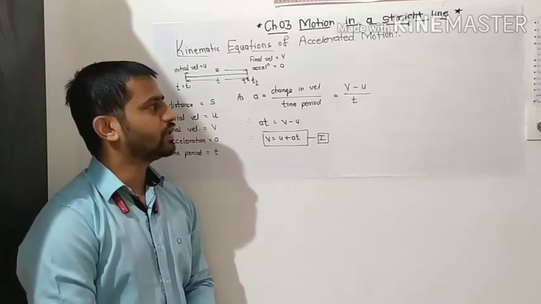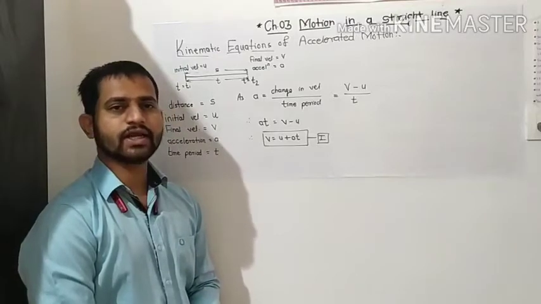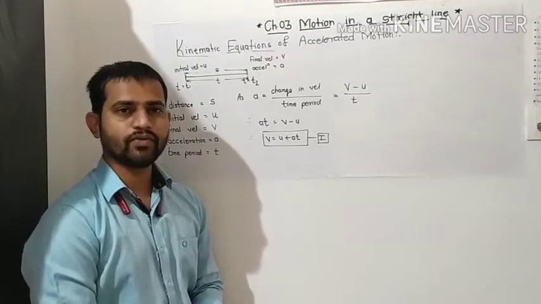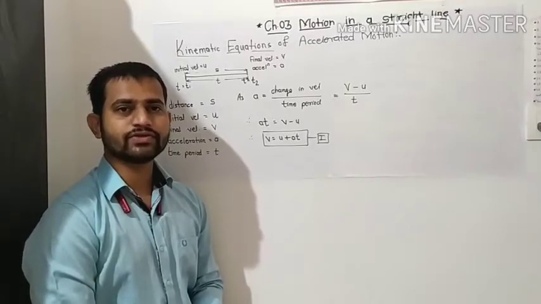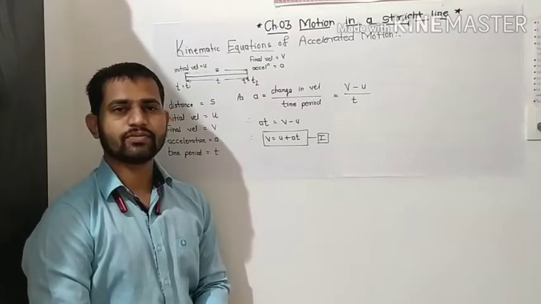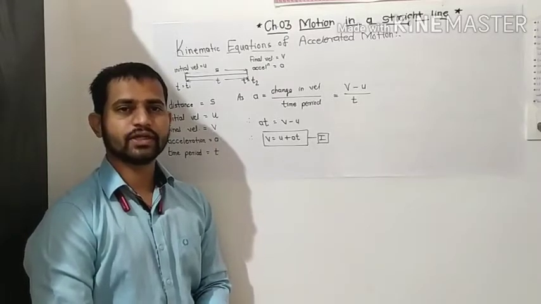Now if we have to go for the second equation, then in that case we have to consider the average velocity. And how do we calculate the average velocity?